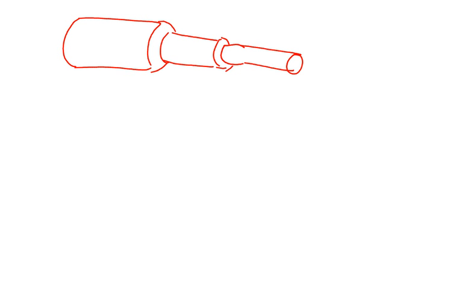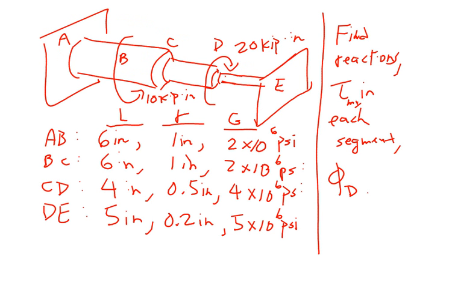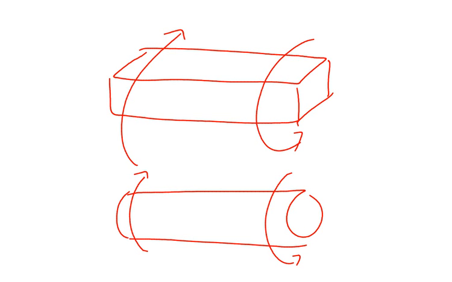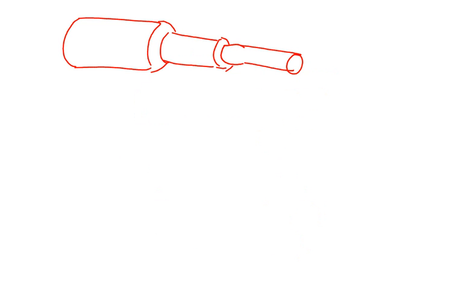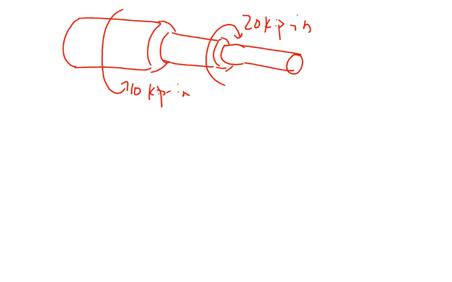Okay, so I'm going to have to keep going back and forth here, right? 20 kip inches, 10 kip inches. This was A, B, C, D, E, right?